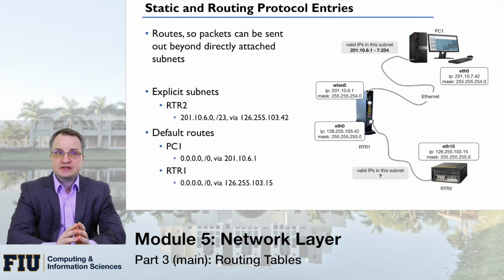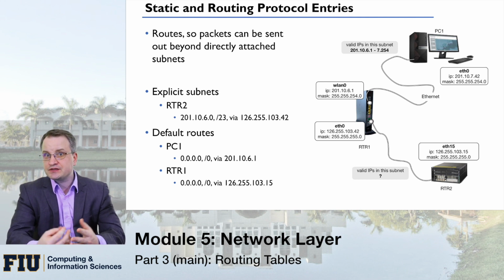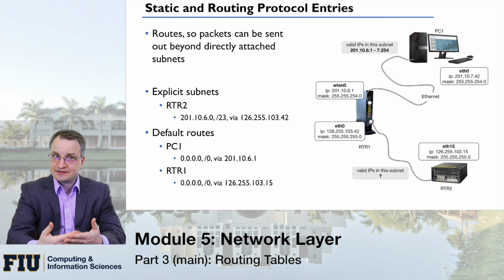Okay, so then there's the second part, which is a little bit more complicated. You may need to have explicit routes set up. For example, in router 2, in order to reach PC1, with the configuration that we have so far, it actually doesn't know how to reach it, because the only host that router 2 can reach is router 1, because it has a routing entry and can reach any IP addresses on that specific subnetwork.